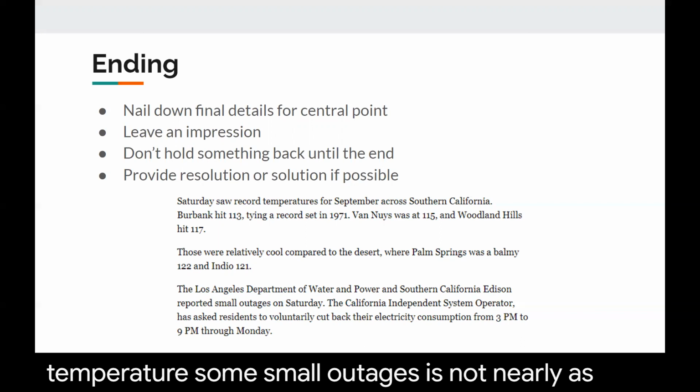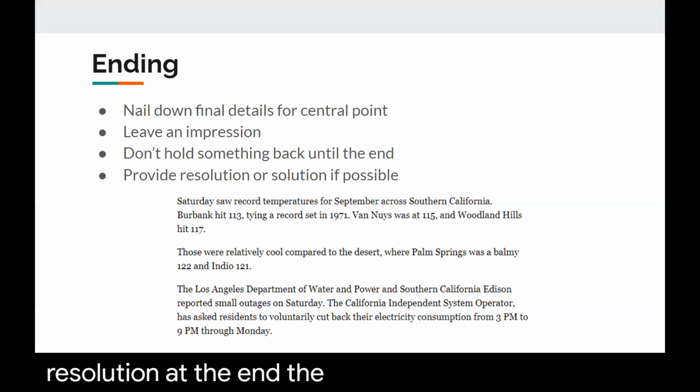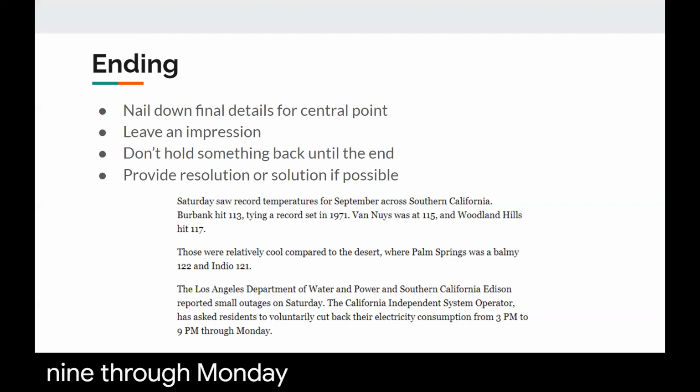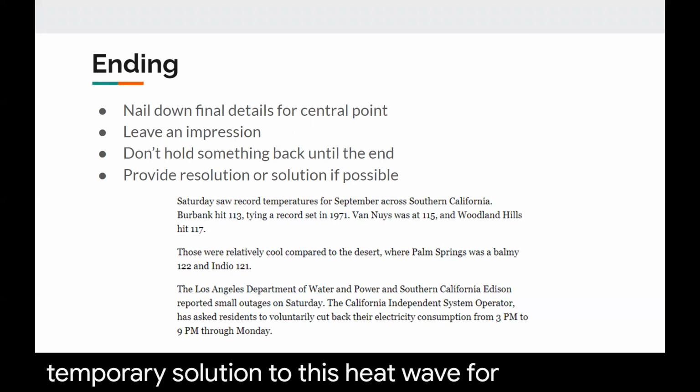But then we provide a resolution at the end. The California Independent System Operator has asked residents to voluntarily cut back their electricity consumption from 3 to 9 through Monday. So here we're providing a temporary solution to this heat wave for California residents.